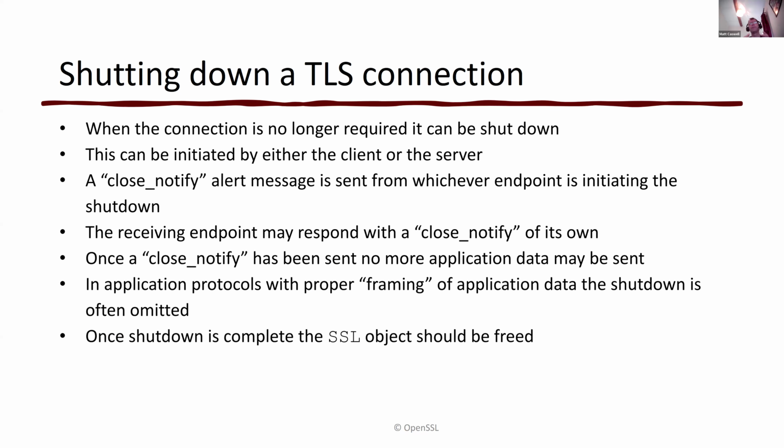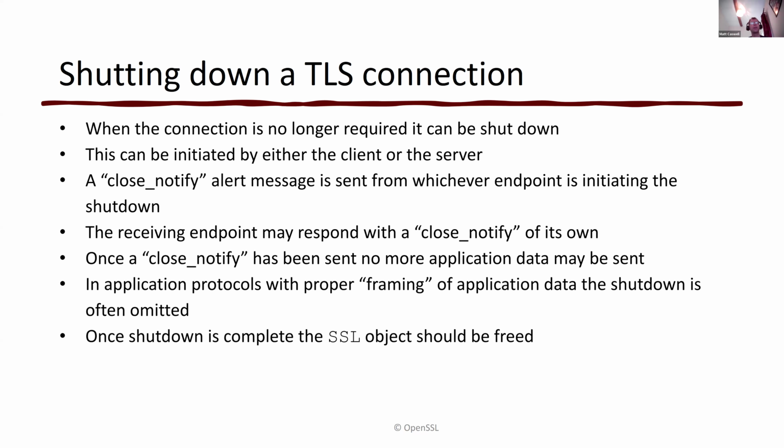Okay. So we've almost finished now. We've created our connection, we've sent our request, we've got our response. The server's indicated that it's closed down. Now we need to close down ourselves. A connection close down can be initiated by either peer, either the client or the server. In this example, it's been initiated by the server.